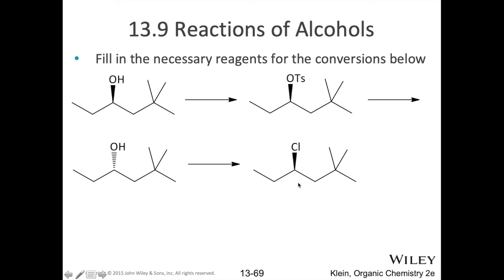We'd get a racemic mixture because we'd go through a carbocation intermediate, right? So how do we encourage just the inversion product? Well, remember, if you use something like thionyl chloride, something that converts this into a better leaving group and encourages the chlorine to come in and do that SN2 mechanism, that would produce this product that we see here.